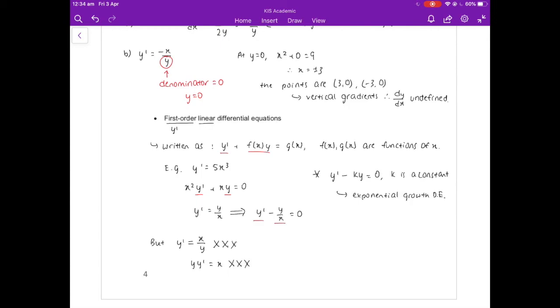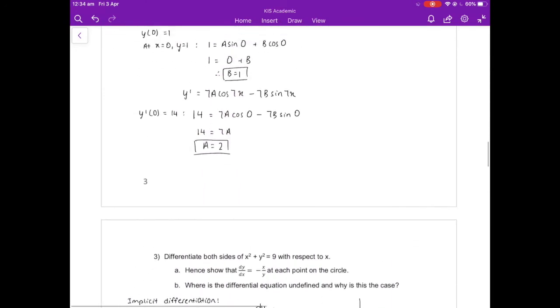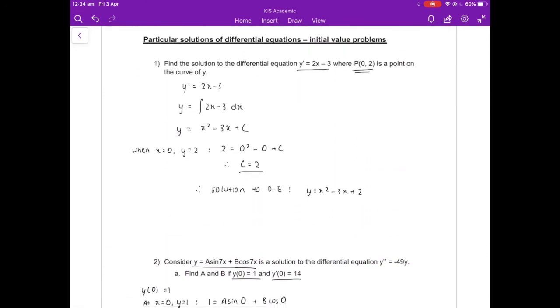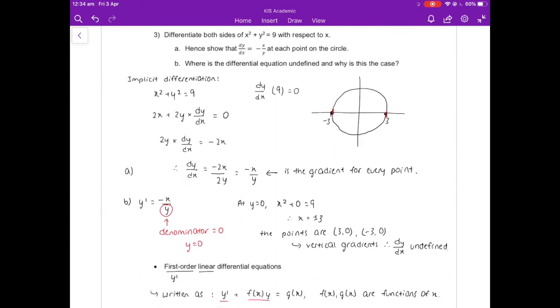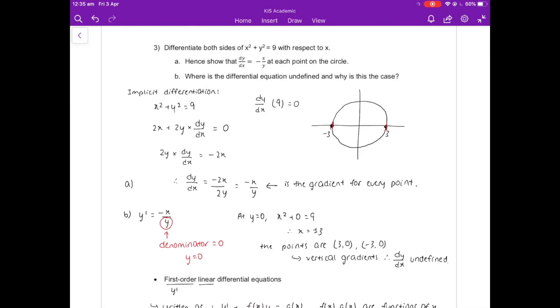So the main takeaway from today's lesson are the particular solutions, which are also called initial value problems. So we did a few of those. Also, we did a problem where the solution to the differential equation is a relation and not a function.